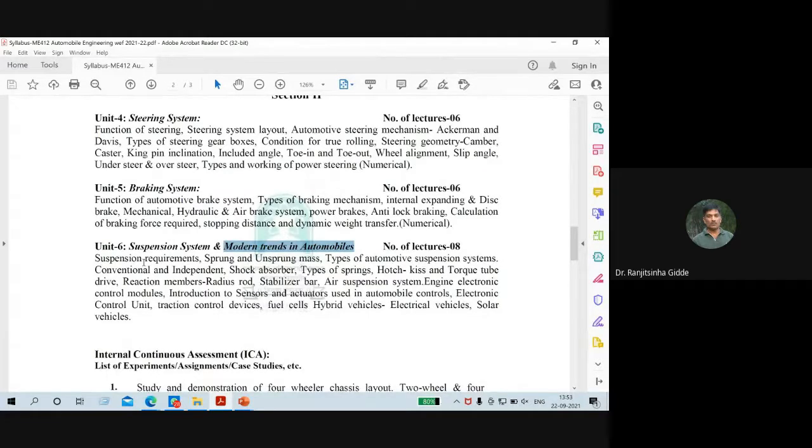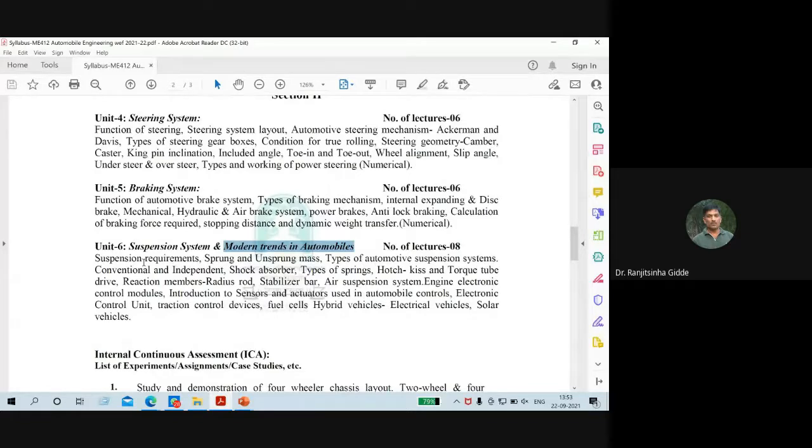Then in the suspension, first we are going to see why suspension is required, then what is sprung mass and unsprung mass, then various types of springs, reaction members, radius rod, stabilizer bar, then the air suspension system. Some students might have seen that an air suspension system is provided on buses.